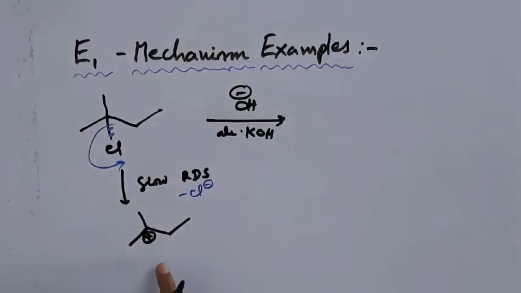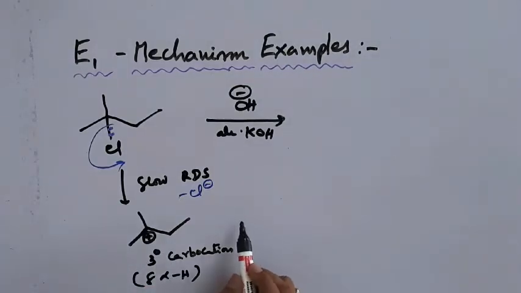The tertiary carbocation obtained here is stabilized due to hyperconjugation, and it is having 3 plus 3 plus 2, totally 8 alpha hydrogens. So it's a tertiary carbocation which is having 8 alpha hydrogens, very stable, and not only that, it is having inductive effect stability also because of the 3 alkyl groups attached to the positively charged carbon.